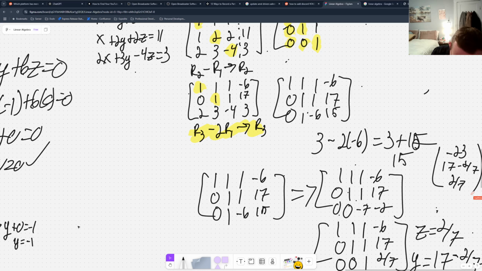Okay, and then the question would be, from our original equation, we had x plus y plus z equals negative 6, right? Let's try another equation. So x plus 2y plus 2z equals 11.